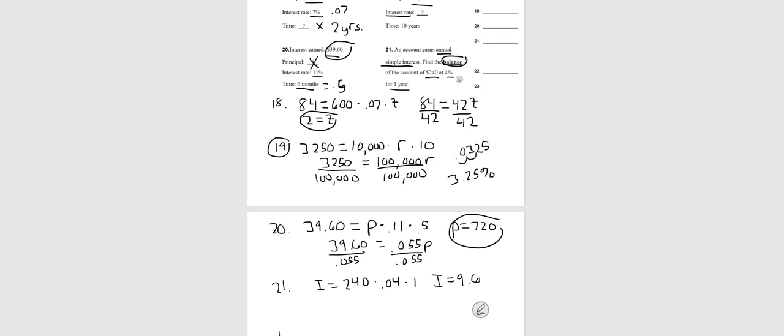Now to find the balance of the account after the year, we take the interest, $9.60, and add it to the amount that we started with, and that gives us our balance in the account: $249.60. Okay, and that, my friends, is the review for your Chapter 4 test.